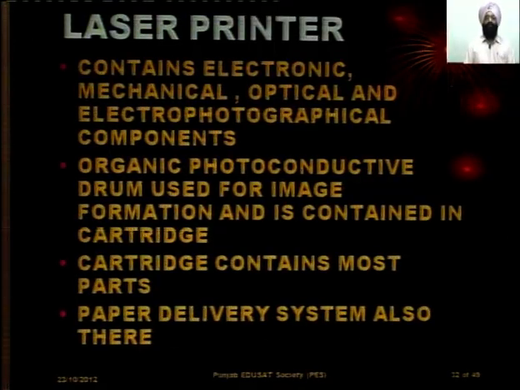It contains electronic, mechanical, optical, and electrophotographical components. An organic photoconductive drum is used for image formation and is contained in the cartridge. The cartridge contains most parts, and a paper delivery system is also there.